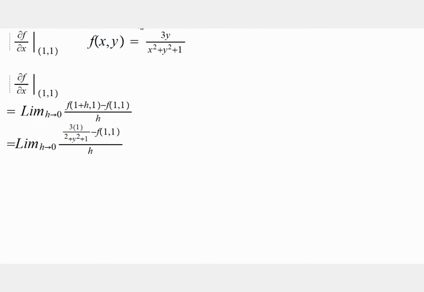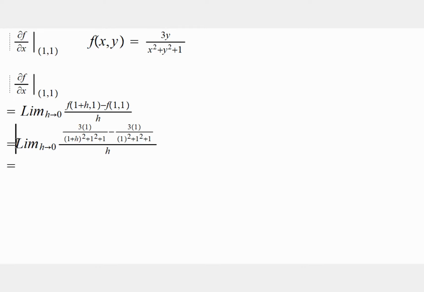For x, I'm going to substitute 1 plus h, and for y, we are going to bring a 1 in here. And for this portion, we will substitute 1 for both x and y, because we are considering the change starting from the point 1, 1. So we got this here.